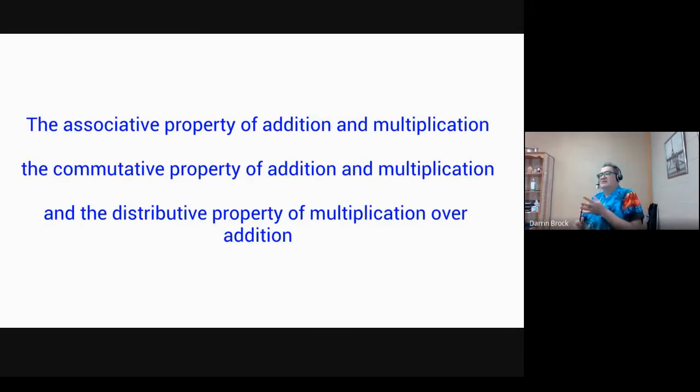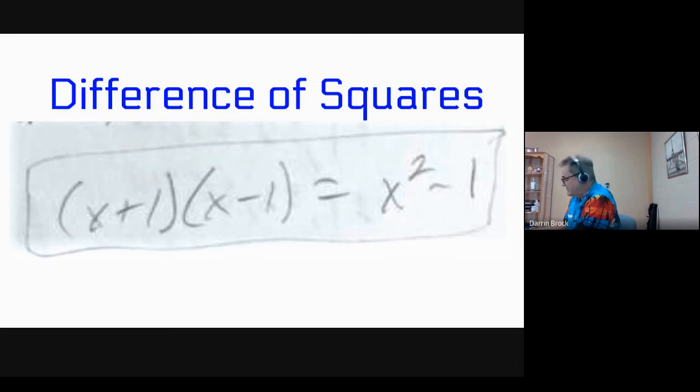So some of the properties for real numbers are also valid for complex numbers, right? The associative property of addition and multiplication, the commutative property of addition and multiplication, and the distributive property of multiplication over addition. One of the properties we talk about is (x plus 1)(x minus 1).